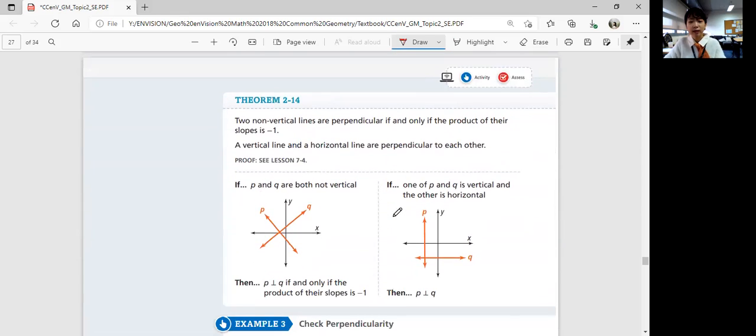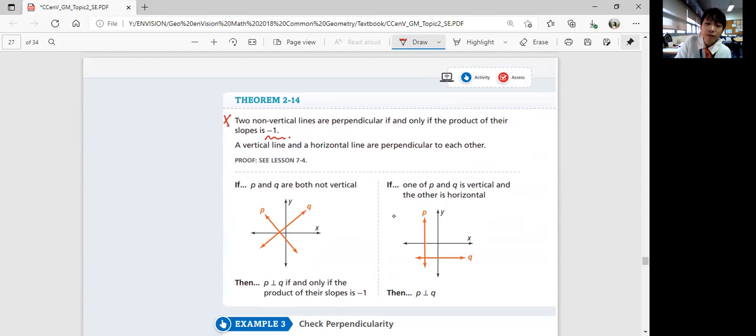Let's look at the next page. Theorem 2-14: Two non-vertical lines are perpendicular if and only if the product of their slopes is -1. A vertical line and a horizontal line are perpendicular to each other.